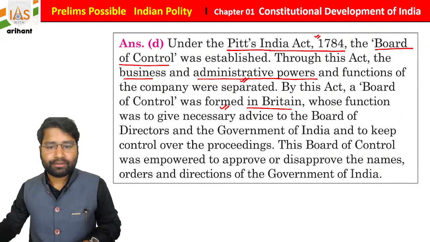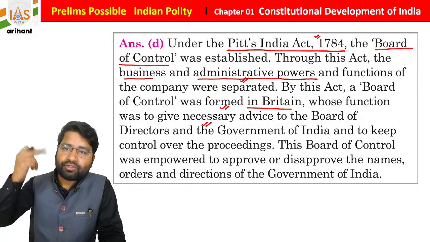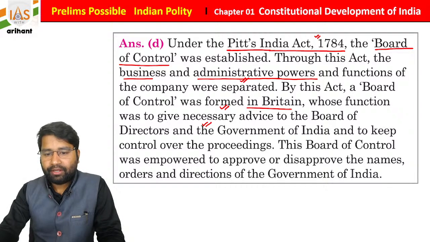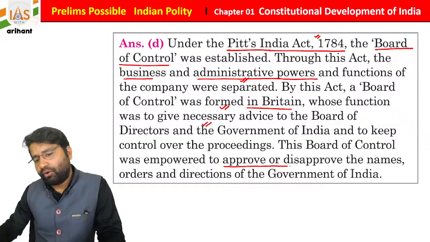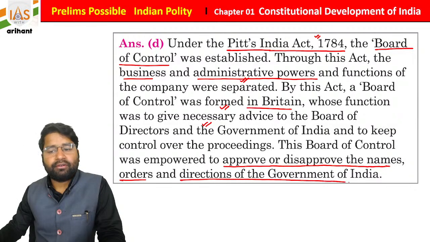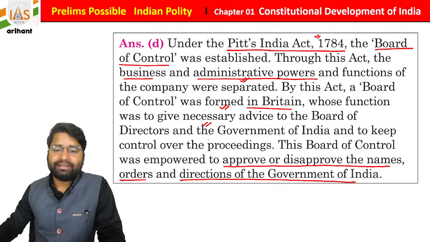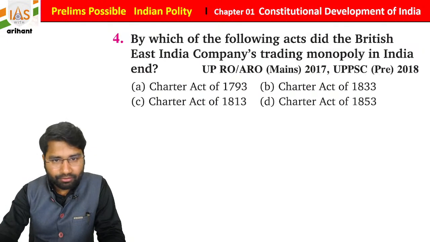And students, they are going to be responsible towards the Crown. Okay, I hope you got it. So the Board of Control was empowered to approve or disapprove the names, orders and directions of the government of India, students. So they have a very large or huge power, simply you can say. I hope you all able to understand.